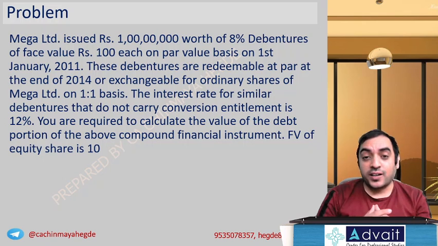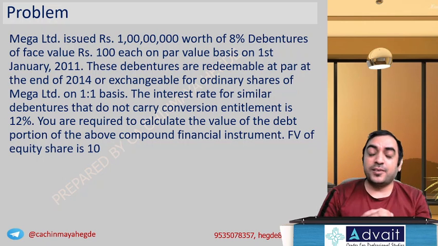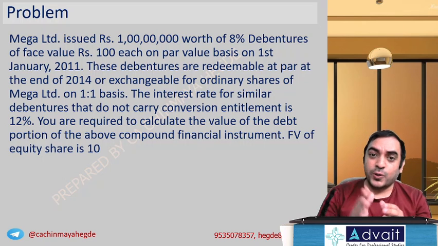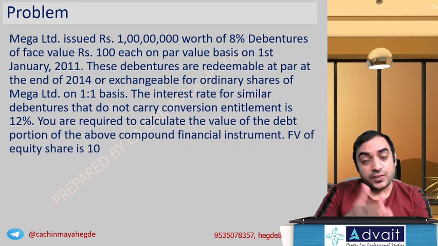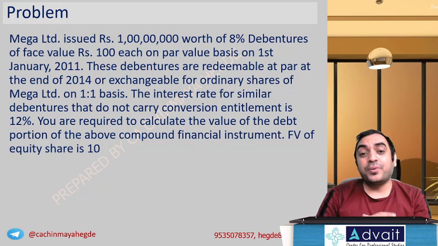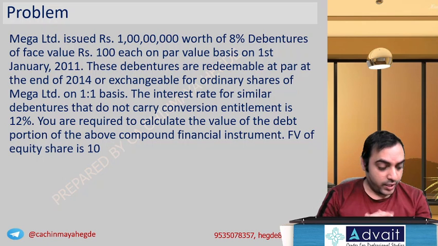So it will fall into the category of debt. And if the holder wants shares, then 1:1 fixed number of shares and the amount of consideration already received. So conversion price is known, issue price is known, number of shares is known. So if the holder wants, the shares will be issued at a predetermined rate and number of shares. It will fall into the category of equity.